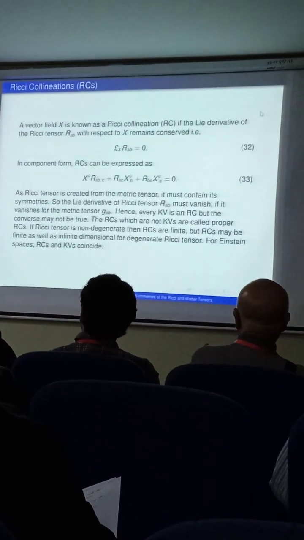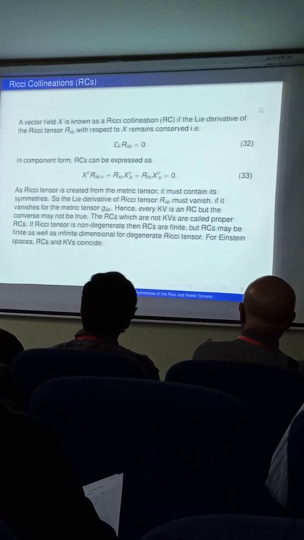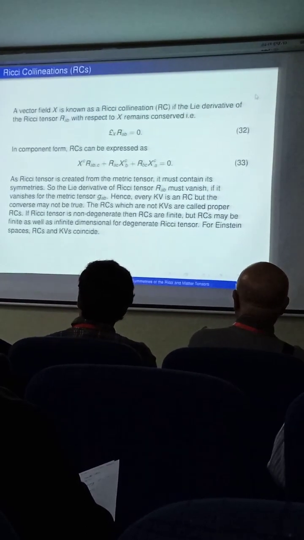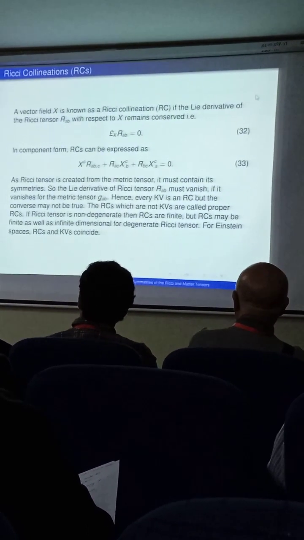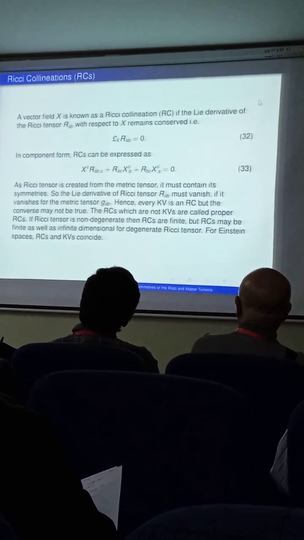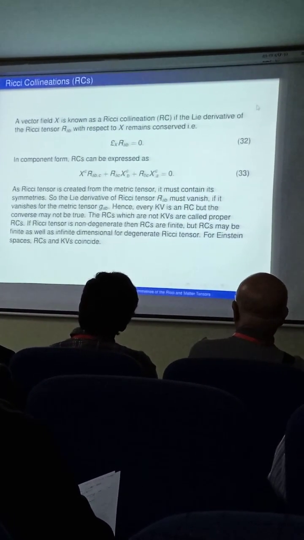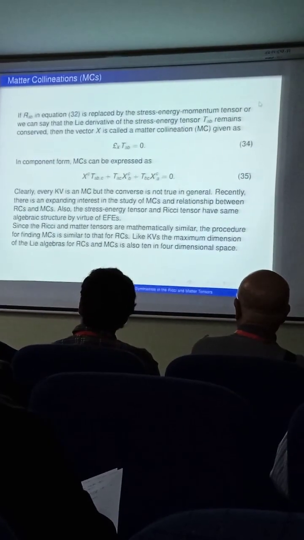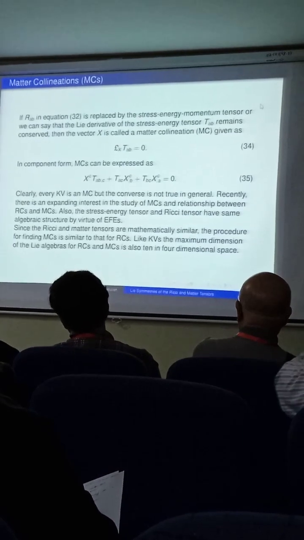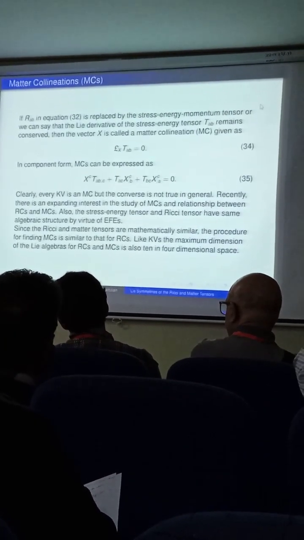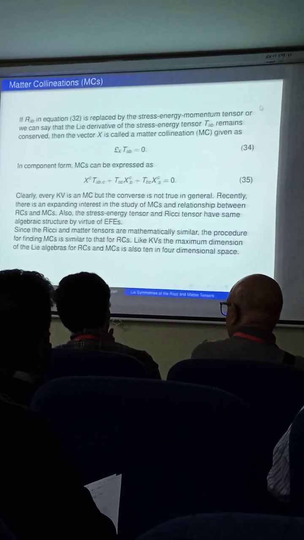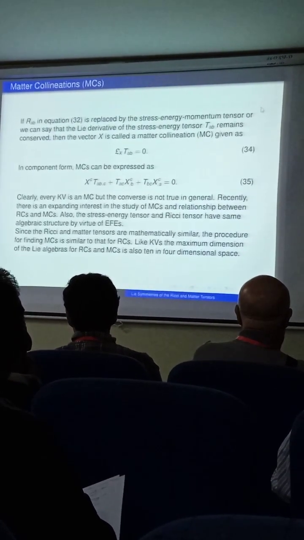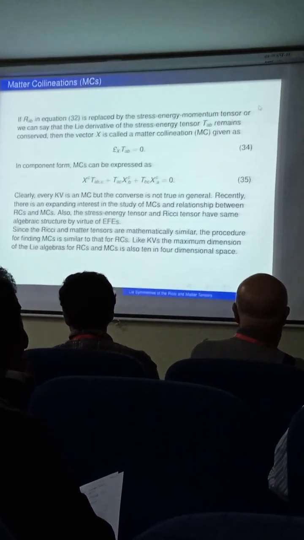Similarly, apart from the metric tensor, if we use the Ricci tensor, its symmetry is known as Ricci collineation. In 32, the Ricci tensor R_AB is just replaced with the metric tensor and it becomes a Ricci collineation, and 33 gives the same equation in component form. Similarly, if we replace the Ricci tensor by the matter tensor, we get what I call matter collineations. I will mainly be concerned about the relationship between Ricci collineations and matter collineations.